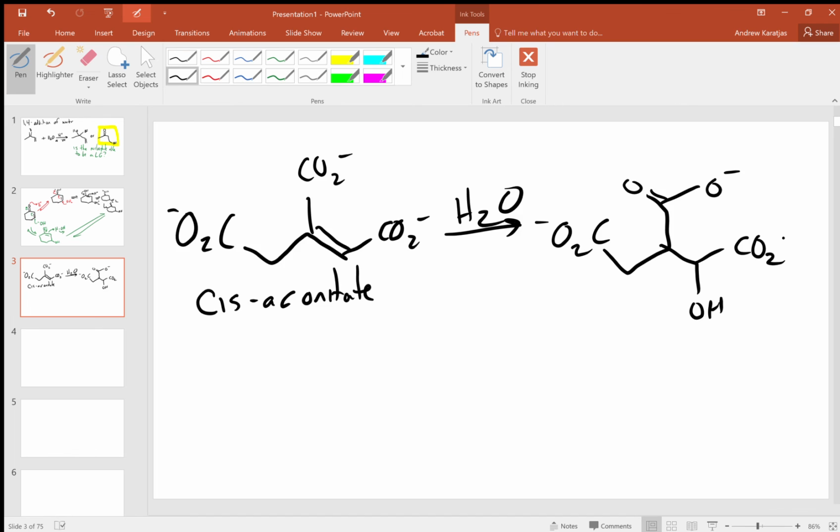And as a result, we can form isocitrate. And this, in fact, is one of the steps within the citric acid cycle.